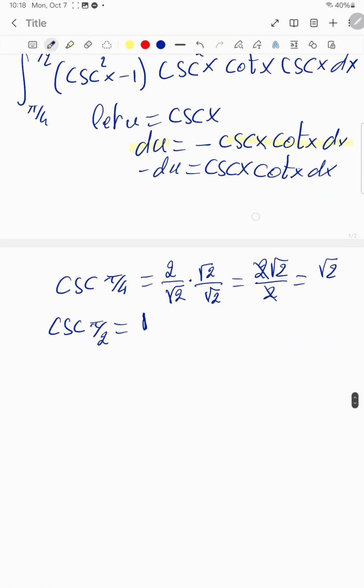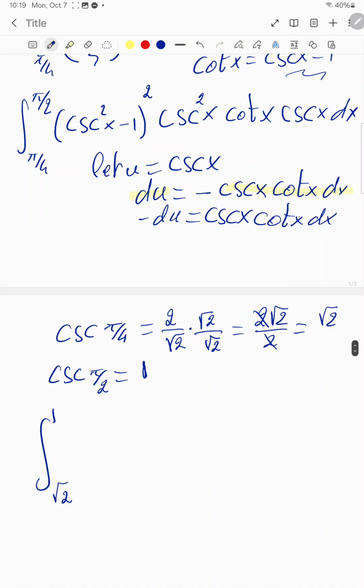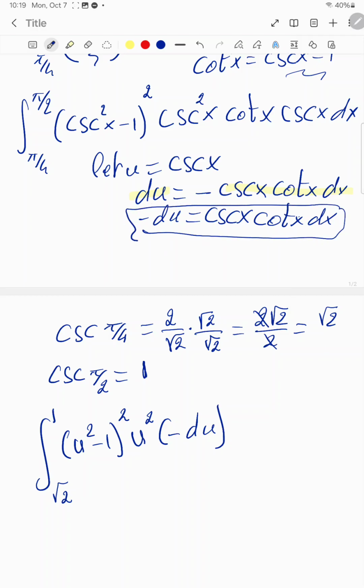So now I will rewrite my integral. Instead of pi over 4, I will write square root of 2. And instead of pi over 2, I will write 1. And my cosec becomes u, so it is u squared minus 1 to the power of 2 times u squared times minus du, because my minus du is equal to cosec x cotangent of x dx.